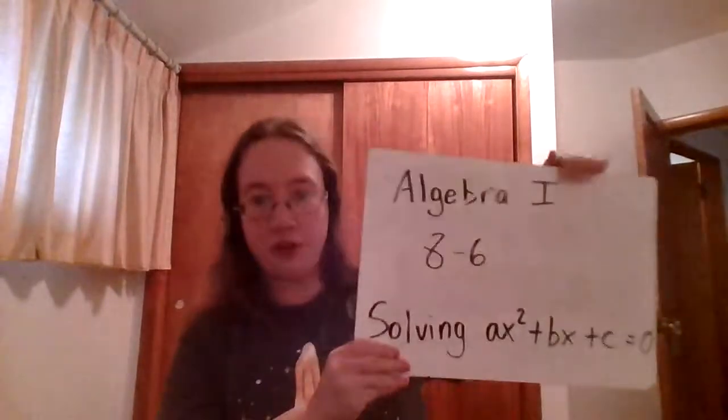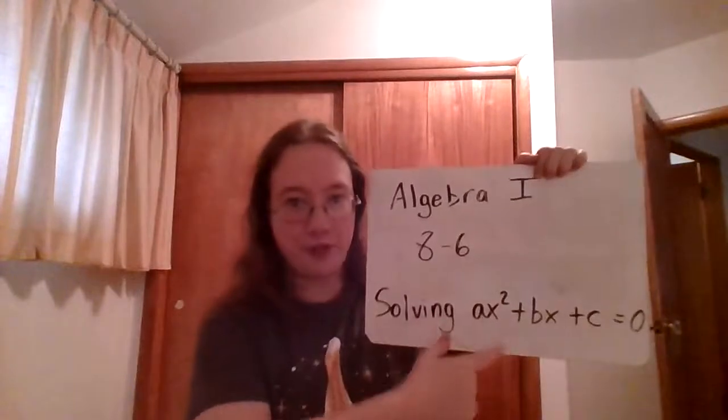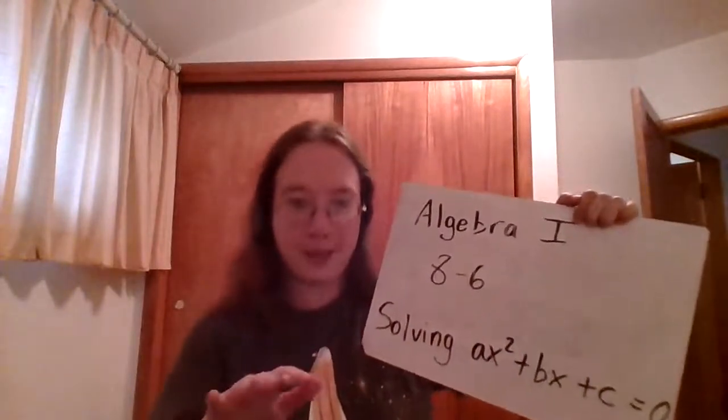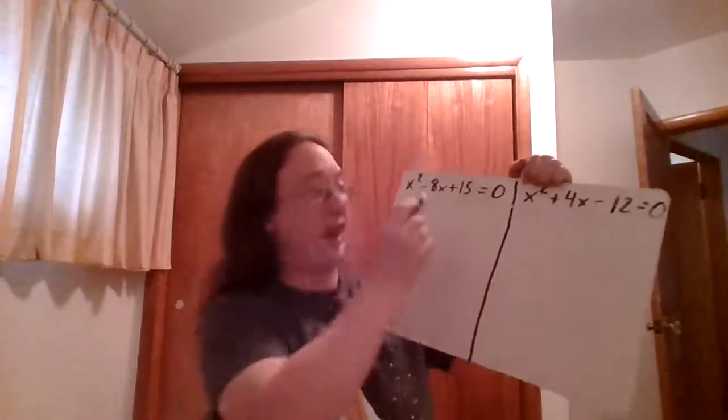Now, we're going to make it a little bit trickier, because we said at the start that this was solving ax squared plus bx plus c equals 0. We haven't really dealt with that equals 0 part yet. So, what we do with that equals 0 part is we're still going to start off by factoring this.